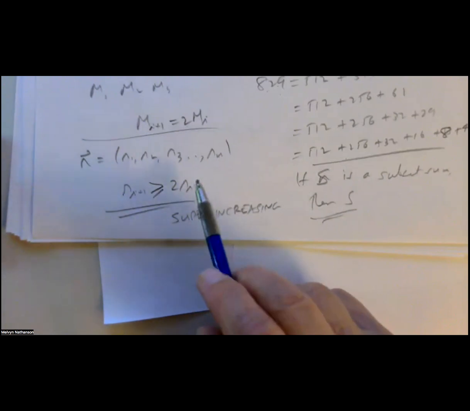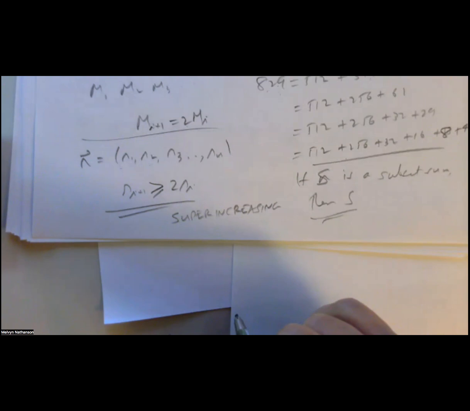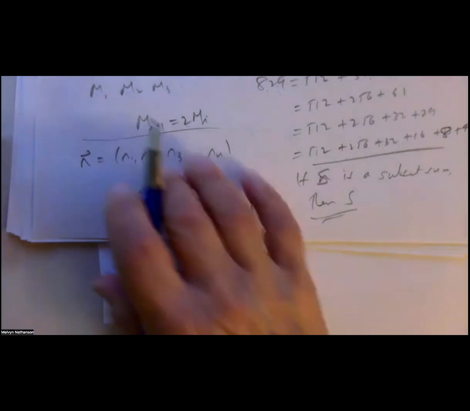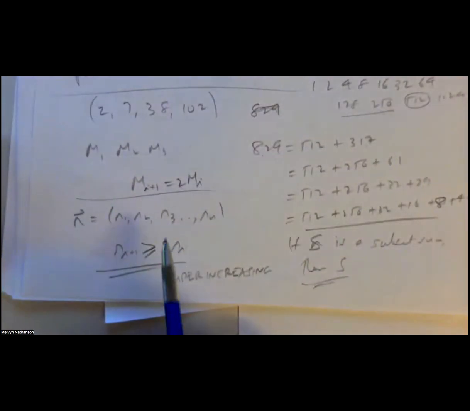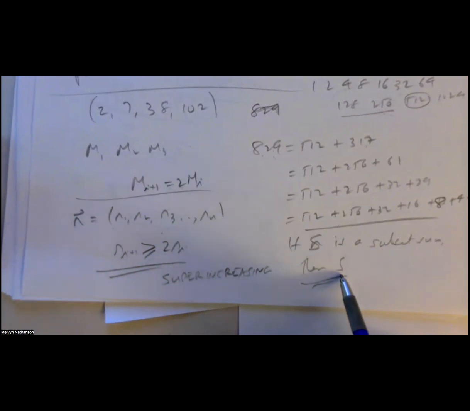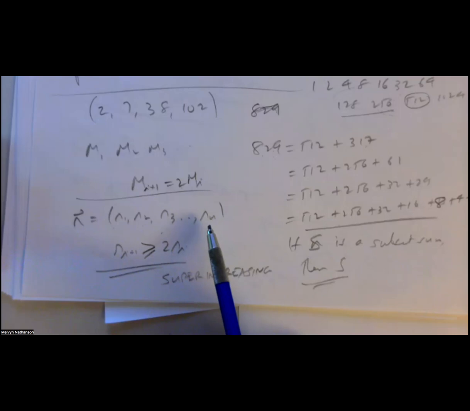It always works when you have a super increasing sequence. Now, that makes it easy to decrypt a number. If someone sends you a number and tells you it's a subset sum of a certain subset of a super increasing sequence, you use this method to find the numbers in the sequence that add up to S.